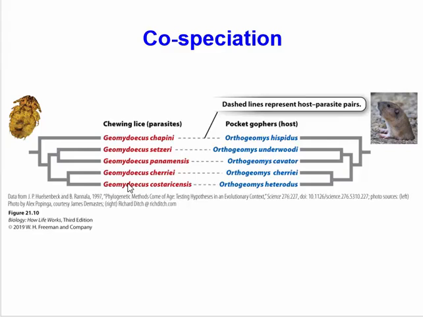Because if the hosts are speciating and separating, they're no longer overlapping and interbreeding. They're also not transmitting their lice from one to another. And so then the lice diverge too. From the perspective of the lice, the hosts can almost be thought of as their habitat, the place they live. And so when the hosts separate, that's almost like allopatric speciation, which is really cool.